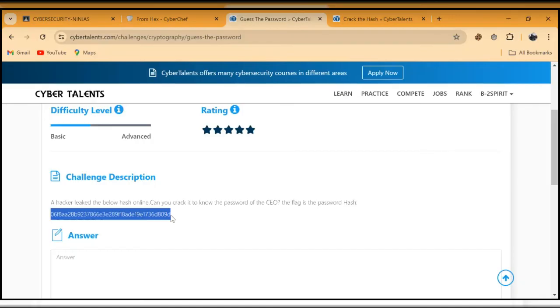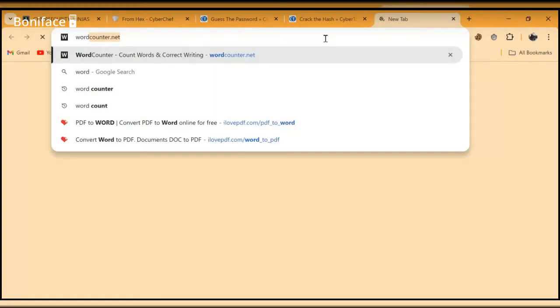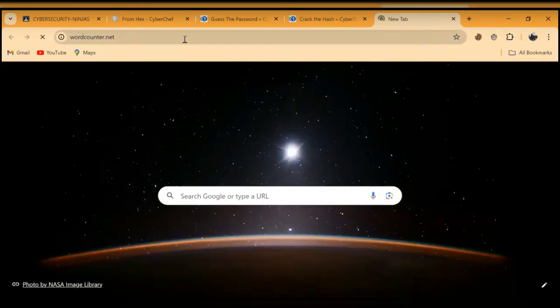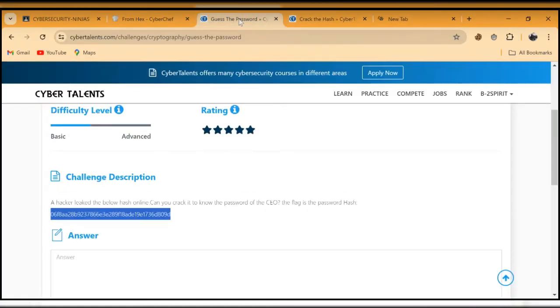If it doesn't go, we have to count it manually. Someone should also help us count it manually to know how many characters are there, so we can determine the hash that was used.